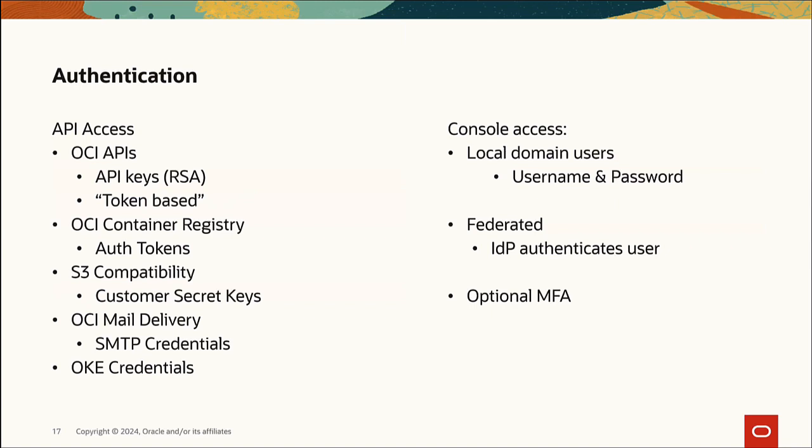But if you want to connect into the control plane APIs, each user has certain capabilities. If you have the API capability enabled, you'll be able to create an API key pair for yourself, and then you'll use that when you're setting up your CLI, and just point your CLI to your private key, and then connect.